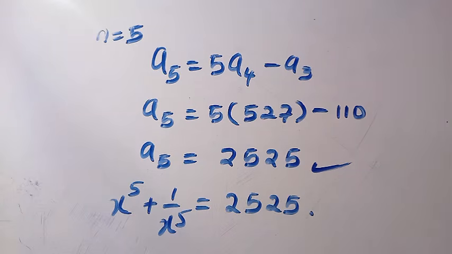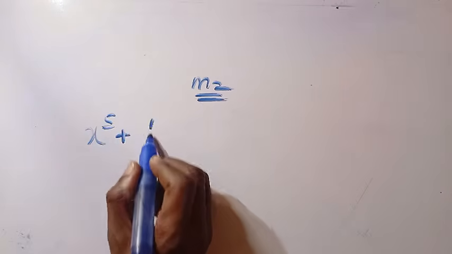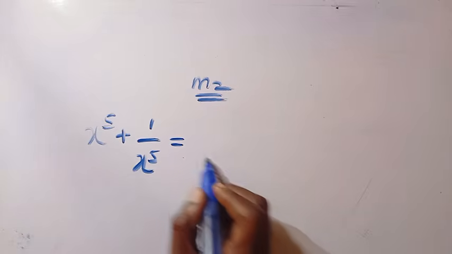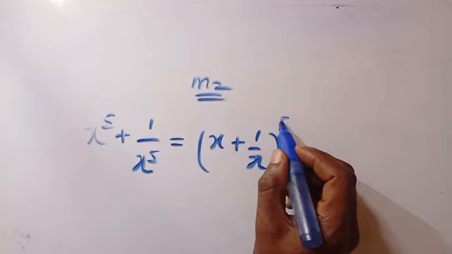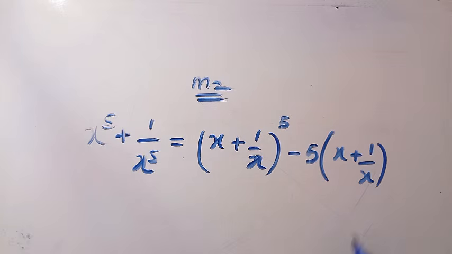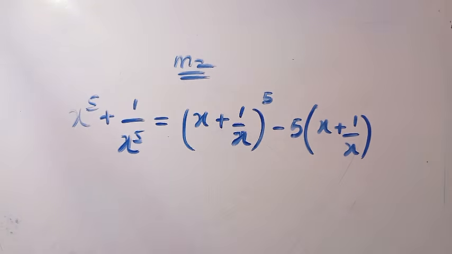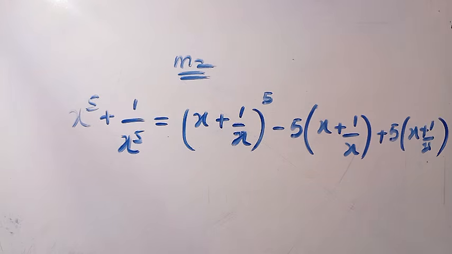Then let's solve this using the second method. Considering the second method, we have to look at the expansions for x raised to the power 5 plus 1 over x raised to the power 5. This is given as x plus 1 over x all raised to the power 5, minus 5 times x plus 1 over x, then plus 5 times x plus 1 over x raised to the power of 3.